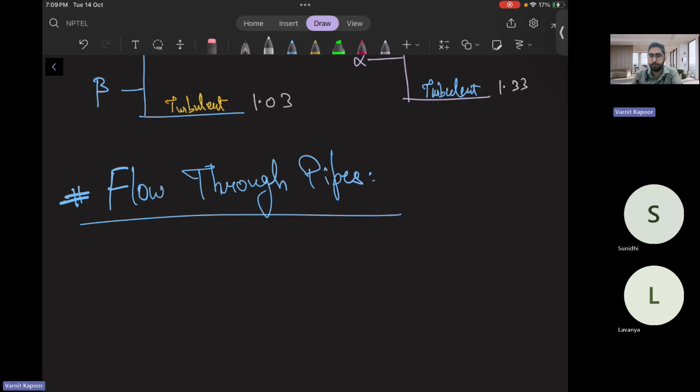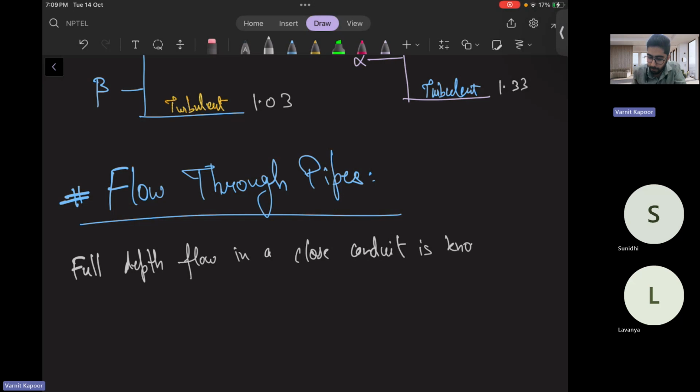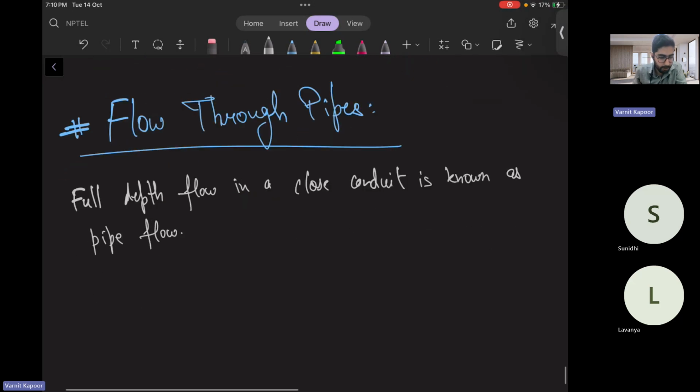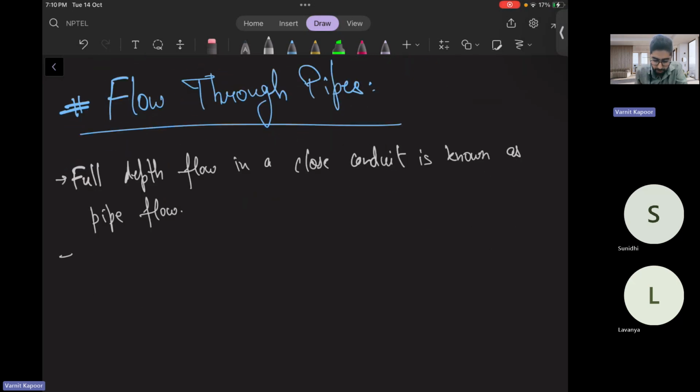Let me write. Full depth flow in a closed conduit is known as pipe flow. And in pipe flow, when the flow is happening through a pipe, there will be losses occurring.